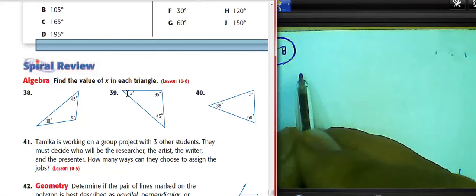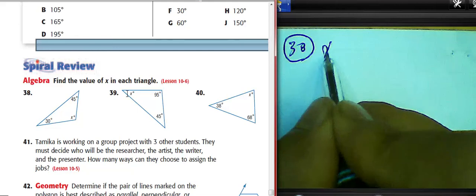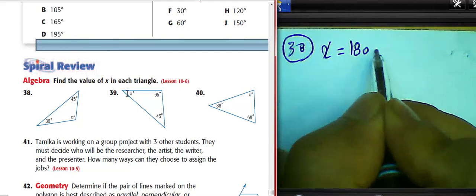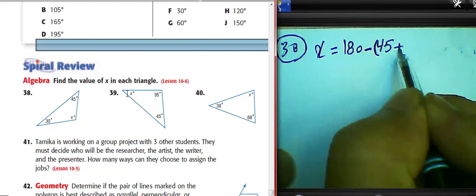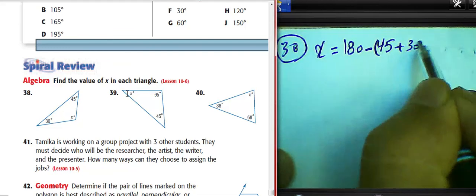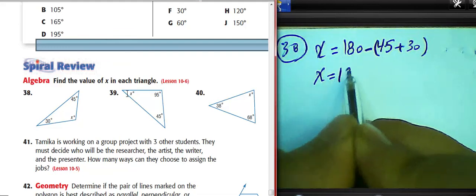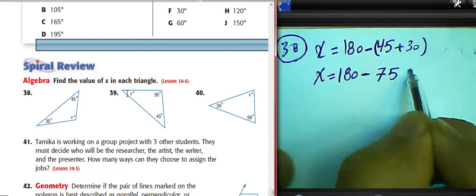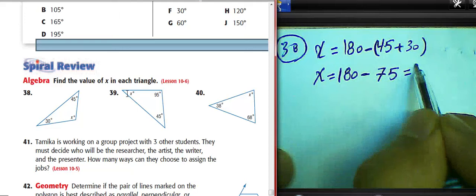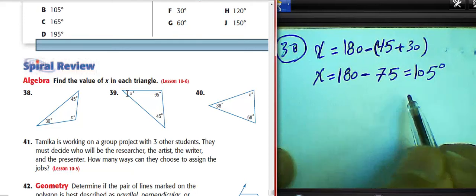Question 38, I will solve it here. Question 38, x equals 180 subtract 45 plus 30. x equals 180 subtract 75, so the result will be 105 degrees.